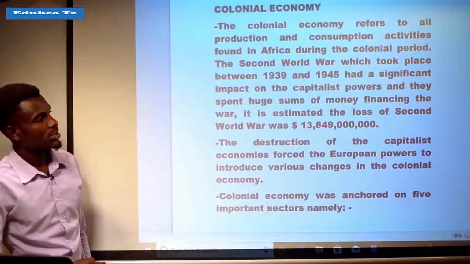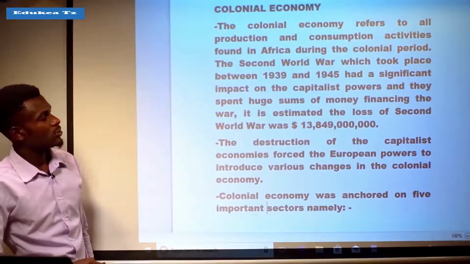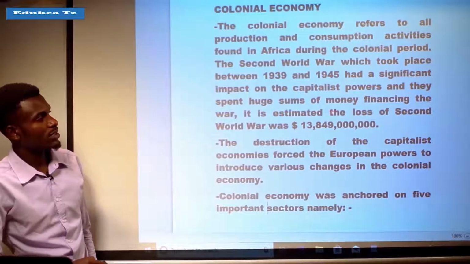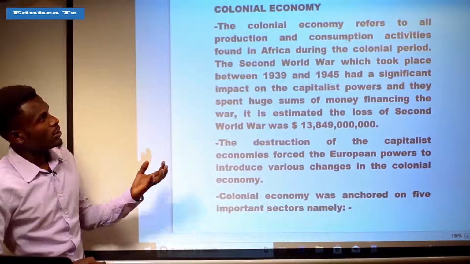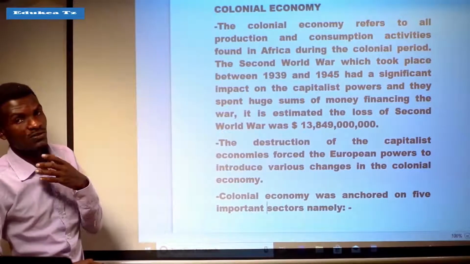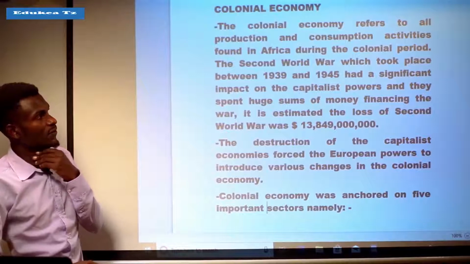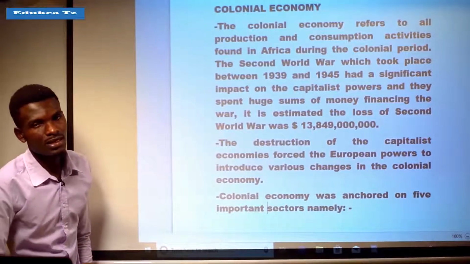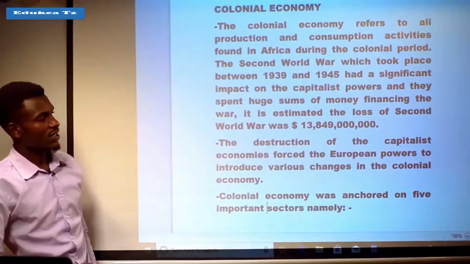So that was the loss estimated for the Second World War. So the establishment of colonial economy was the effect of the Second World War that started in 1939 up to 1945.